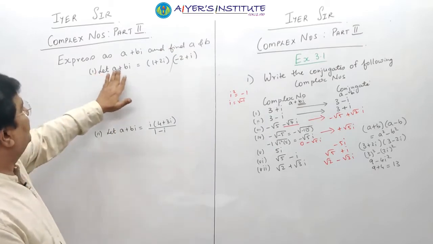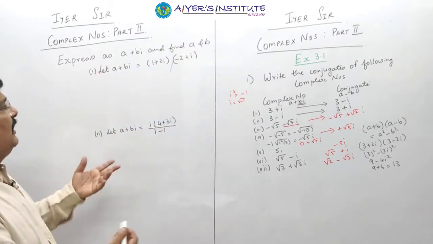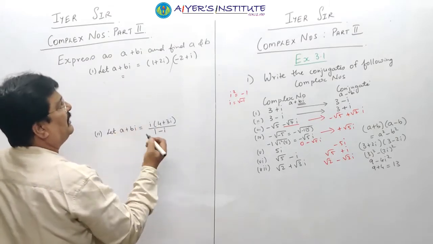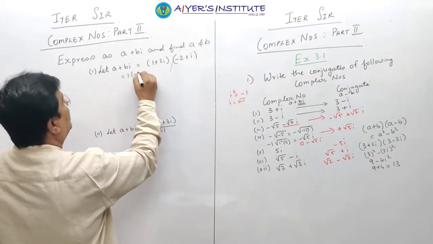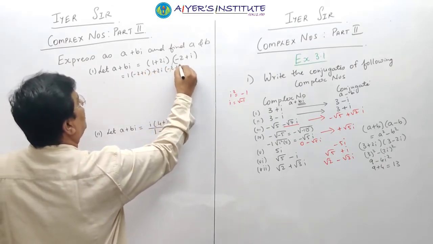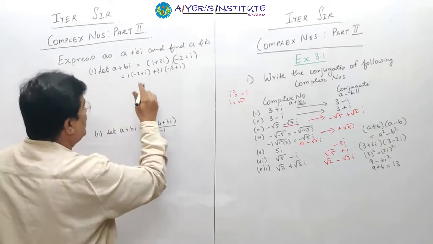So we always start by letting a plus bi be equal to whatever the sum is, and then we simplify. Like the multiplication we learned in childhood: 1 into minus 2 plus i, plus 2i into minus 2 plus i. Sorry.